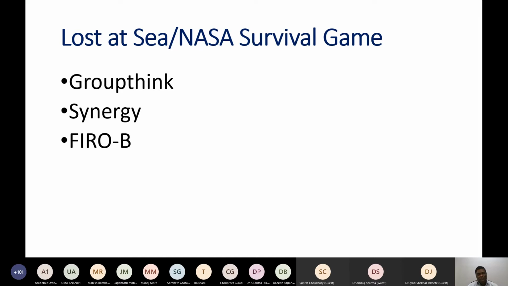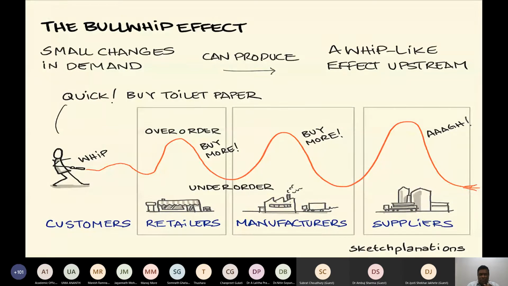Rather, through this game, I'm going to make them experience the groupthink, the synergy, and imagine that learning that's going to happen. It would stay with them because they did something in the game, and that's why they would have learned a lot out of that experience. So that is the logic behind this game. Hope you are getting the idea behind this.